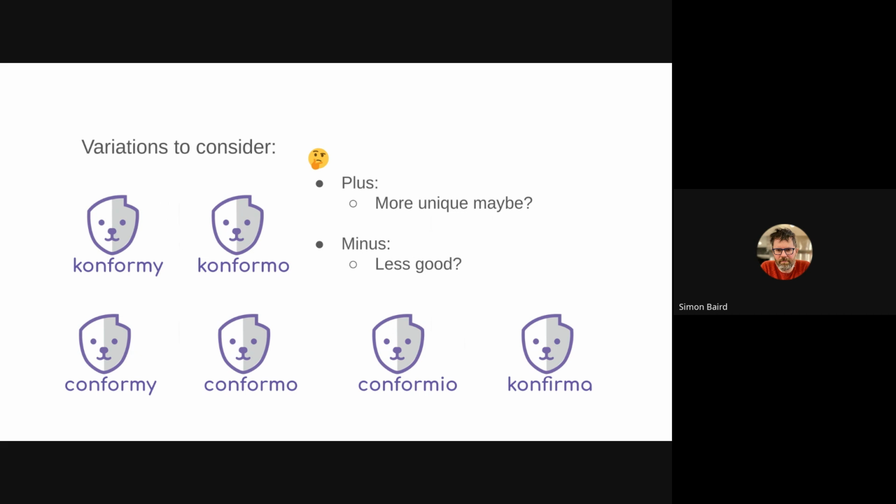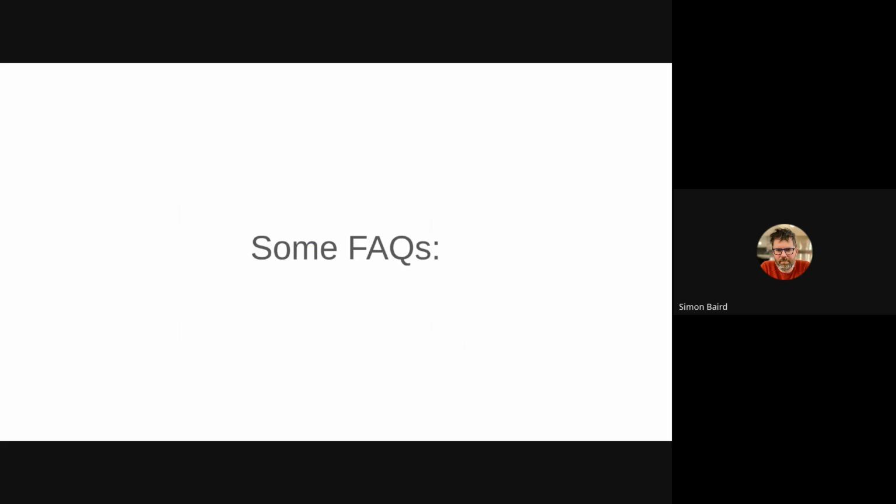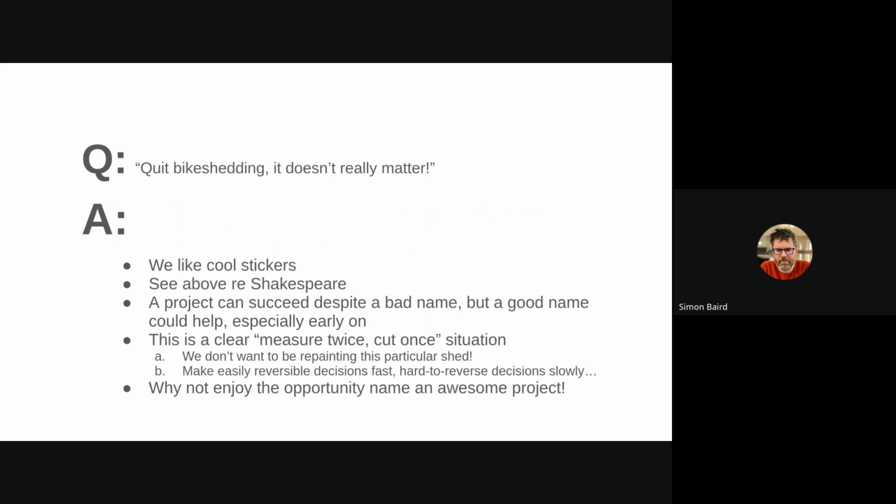We looked at some other options, but we settled on Conforma. So you might say, does it really matter? I think so. Let's pick a good name, and certainly we don't want to do this twice. Let's make this the last time we talk about it.